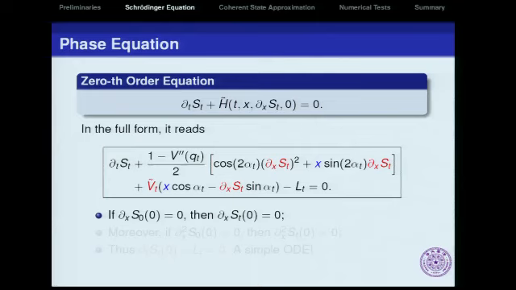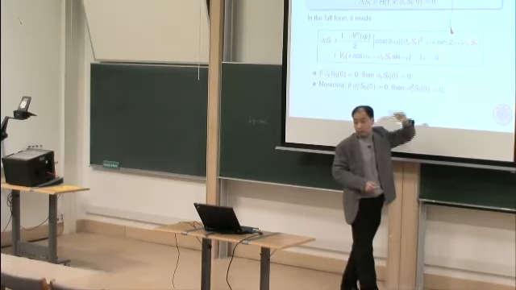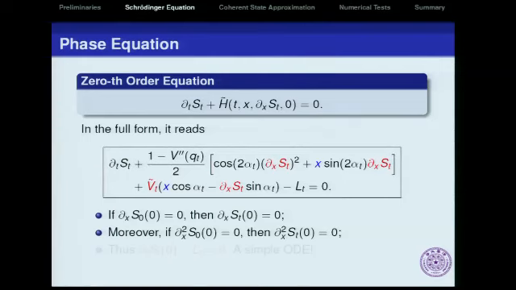And moreover, if the second derivative of this phase function is 0, you can also prove this property will be maintained for any later time t. So that means if you evaluate this equation at the point x equal to 0, and if these two conditions are satisfied, then at least at the point x equal to 0, you get an ODE. It's an ODE. Okay.